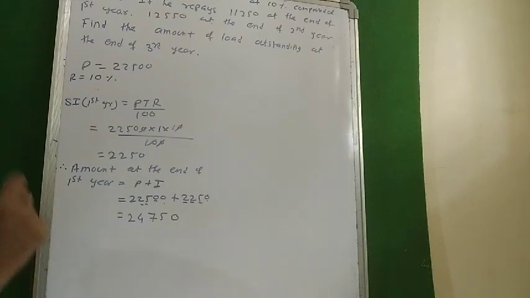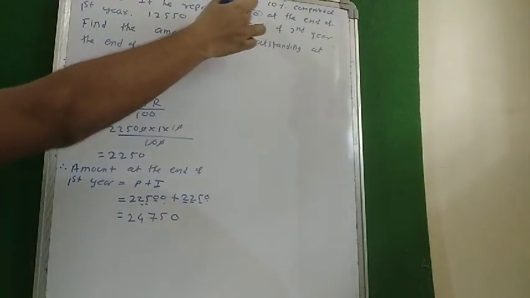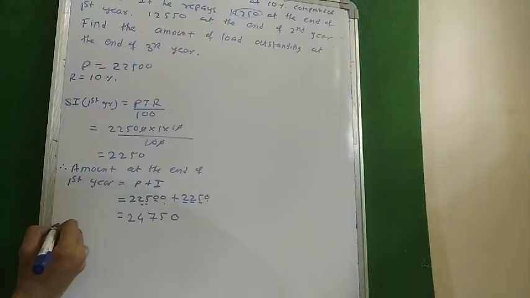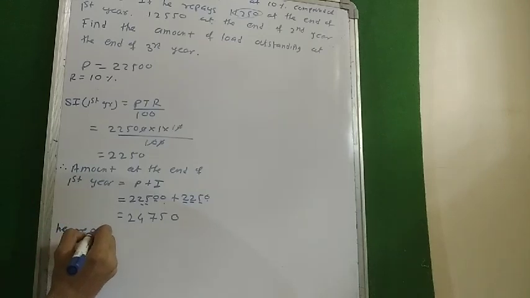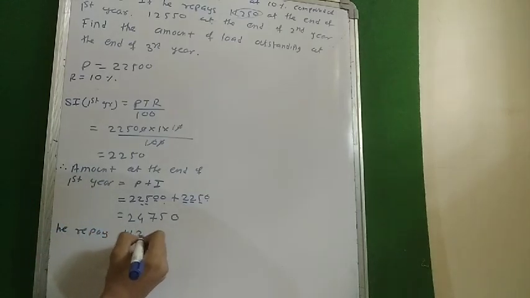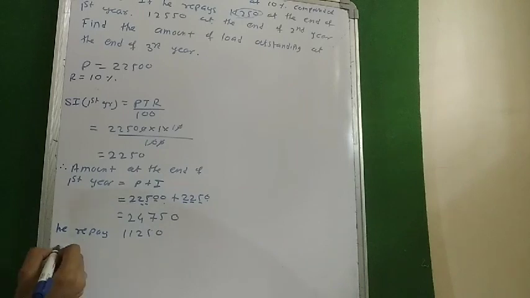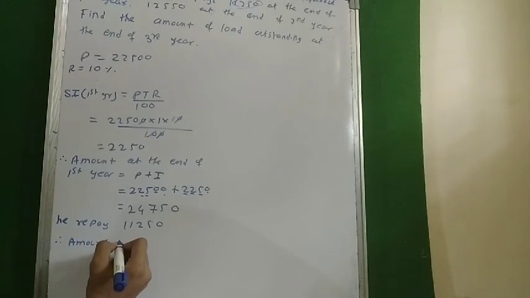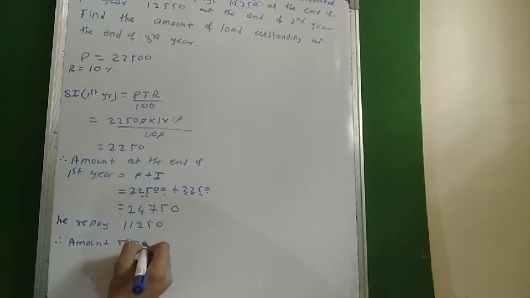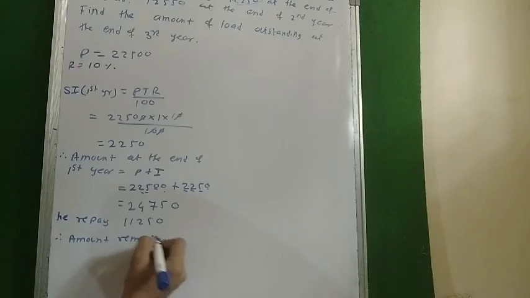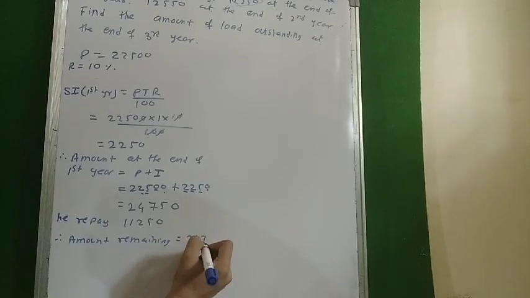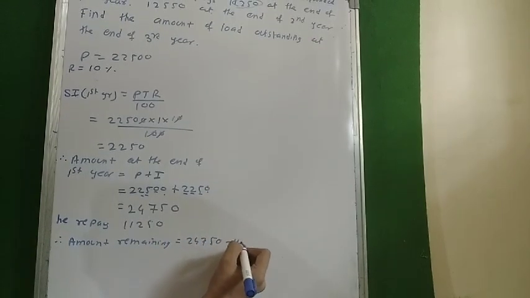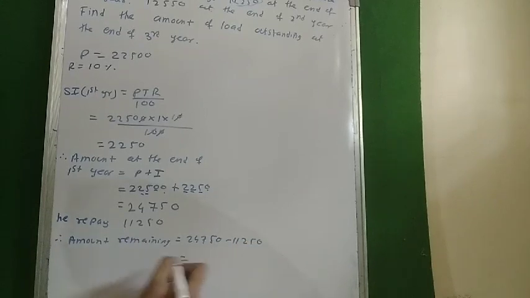So the amount at the end of first year is 24,750. But he repays 11,250. Therefore, amount remaining is 24,750 minus 11,250.